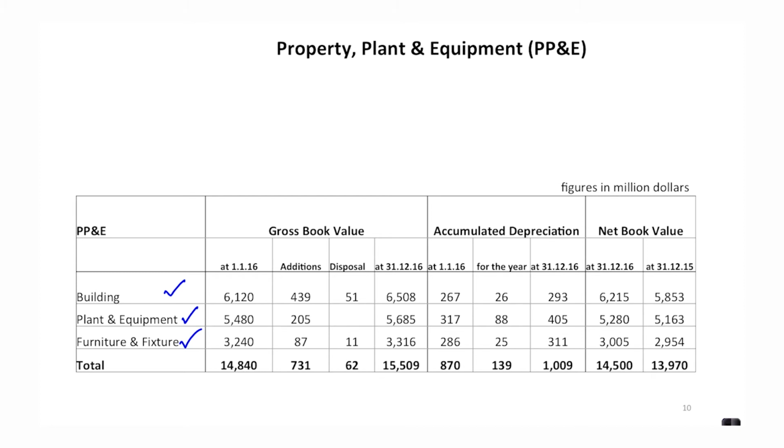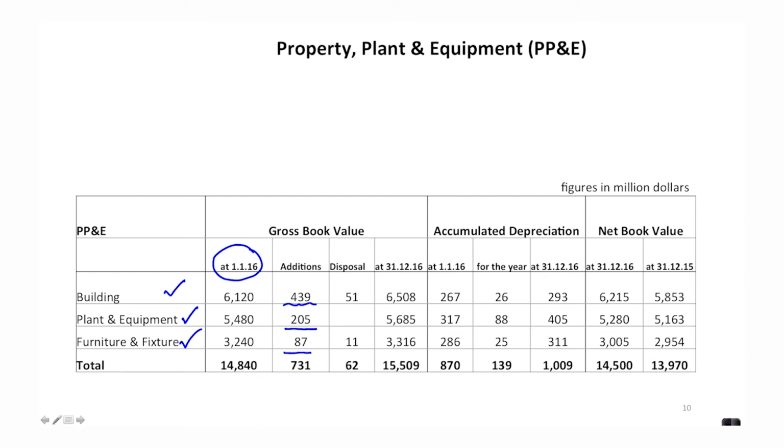Since it's not a new company, you will find there is something called the opening balance as on 1st of January 2016. During the year, Ginger Company has purchased several new assets. So they have some additions in building, they have some additions in plant and a little furniture.